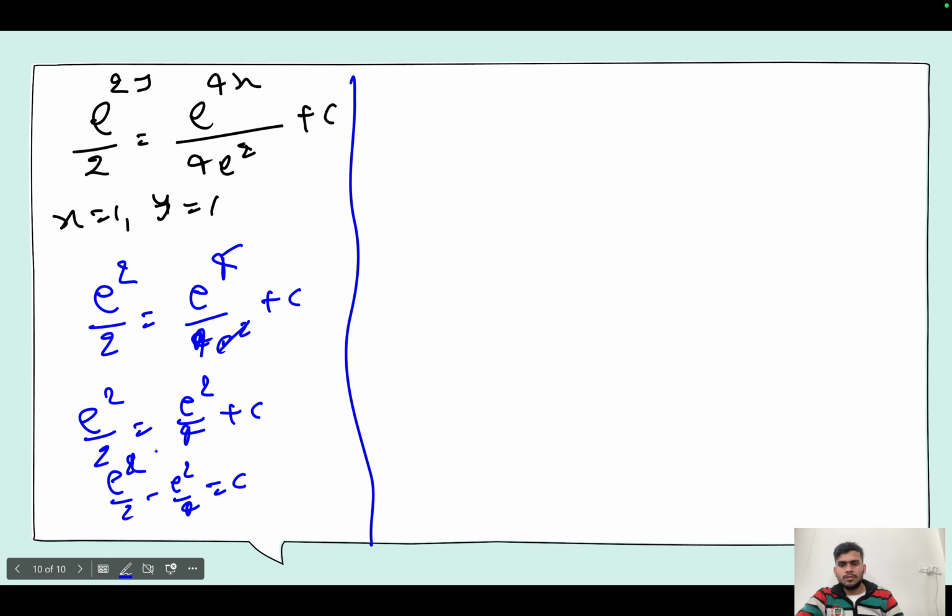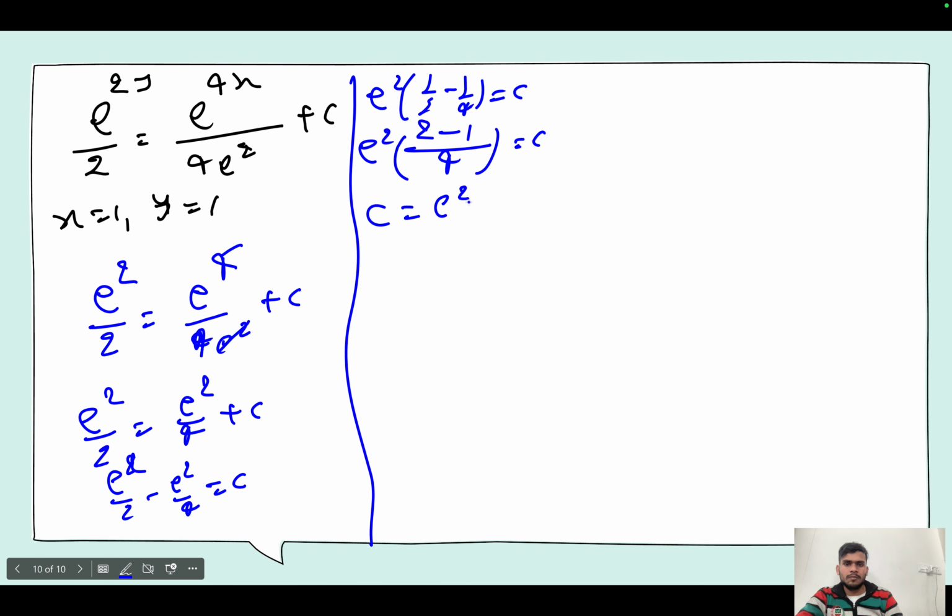Take e square common, then it will become 1 by 2 minus 1 by 4 is equal to c. Take 4 as LCM, then 2 twos are 4, that is 2, and 4 ones are 4, that is 1. So c is equal to e square by 4.